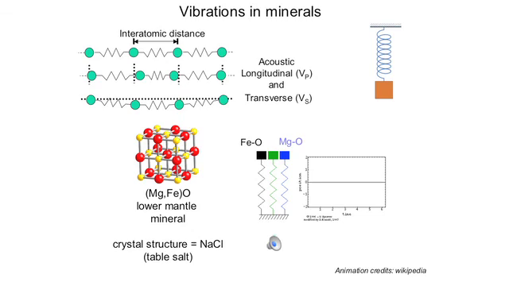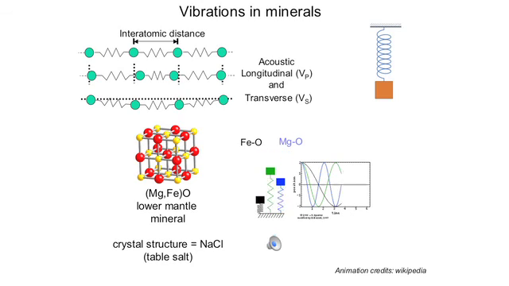Okay, so what can we say about different types of vibrations? We can draw a cartoon and see that the iron-oxygen bond is depicted by this black spring, and the magnesium-oxygen bond is connected to this blue spring.